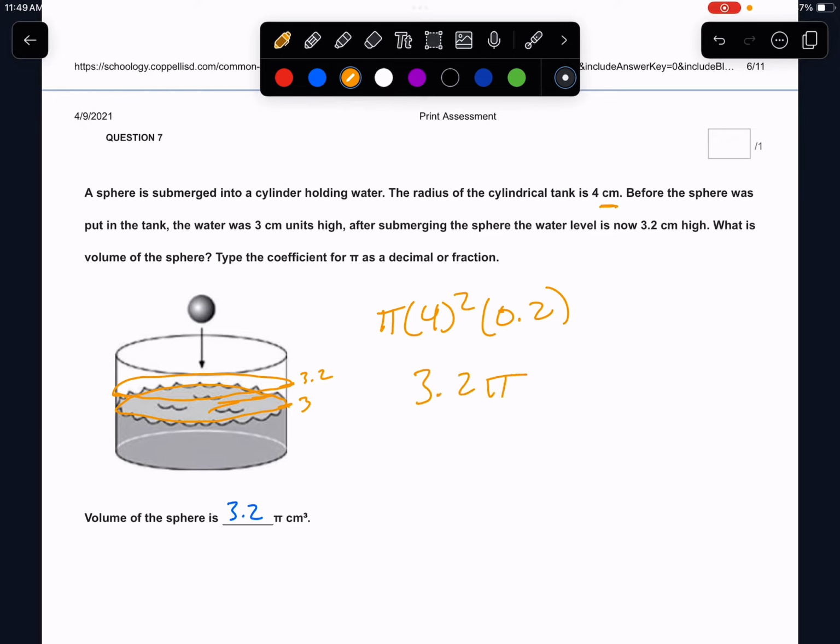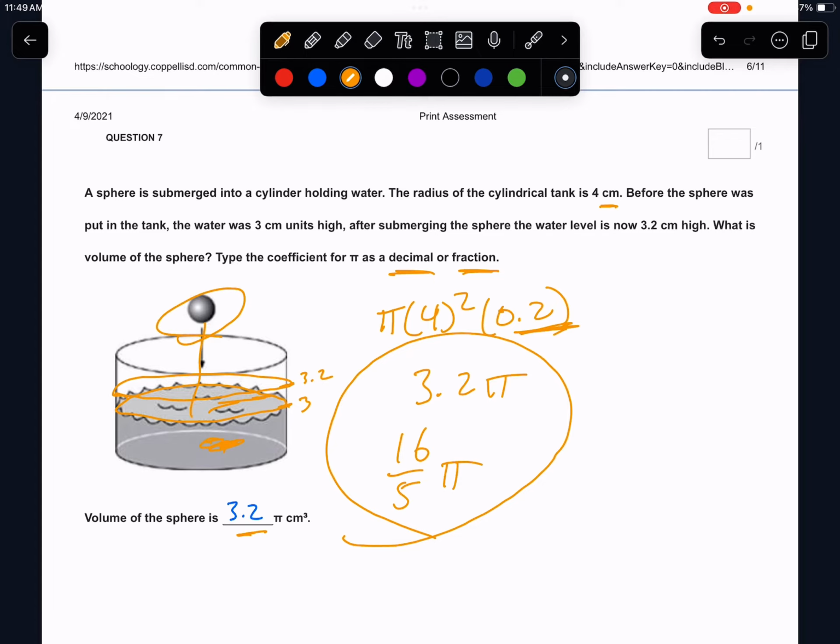It says you can type the coefficient as a decimal or a fraction. The fraction would be 16/5 pi. Either one of those are good. You're just typing in the coefficient. But the only height you care about is the displaced height. This height represents the volume of this marble being dropped inside.